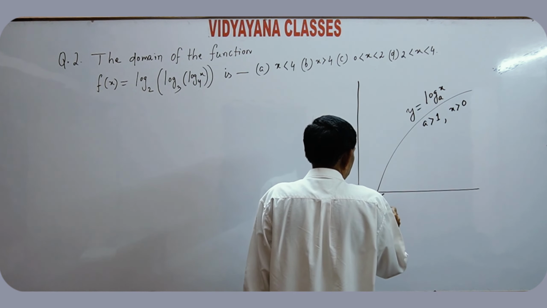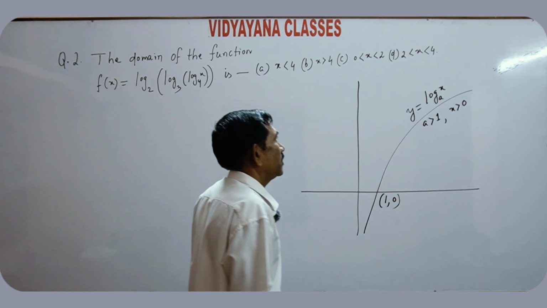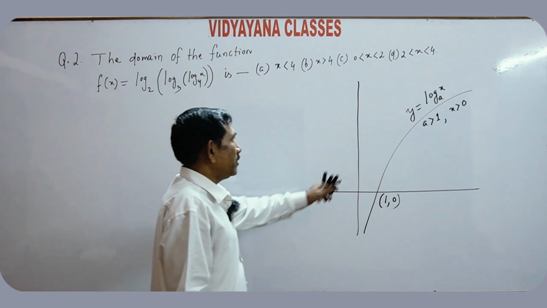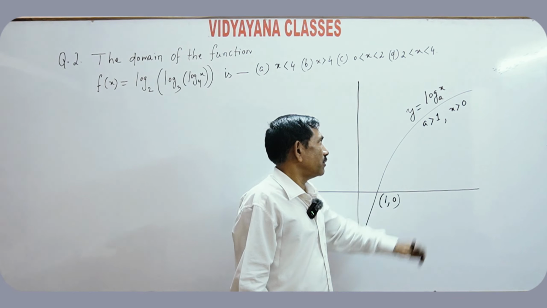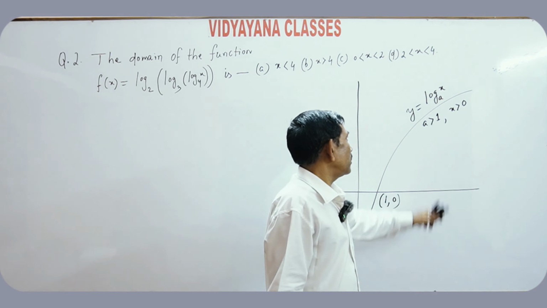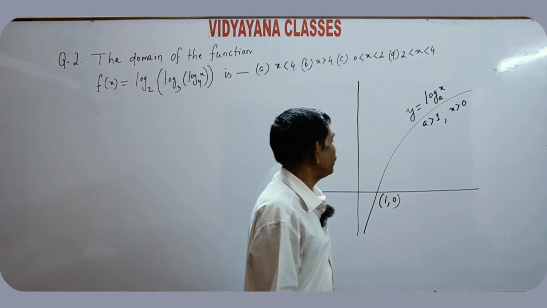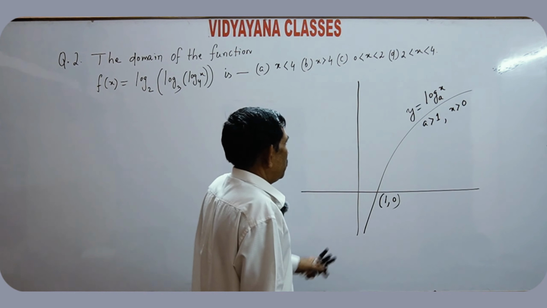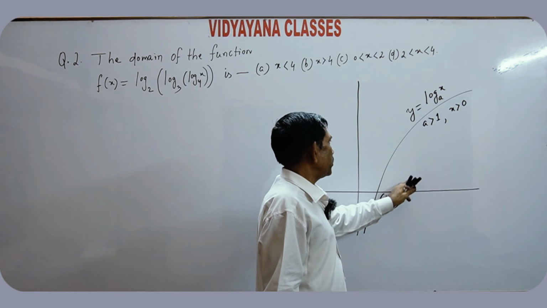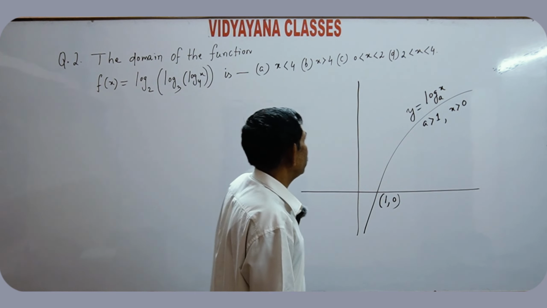The logarithm function meets the x-axis at (1, 0). It is the graph of the logarithm function when a is greater than 1, x greater than 0. The logarithm function is defined when x is greater than 0. The value of the logarithm function is positive when x is greater than 1.